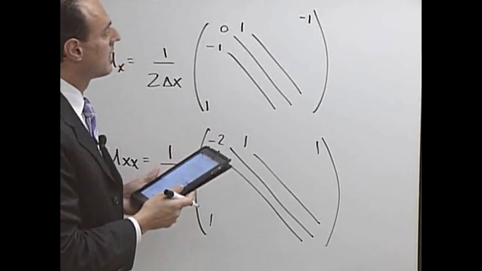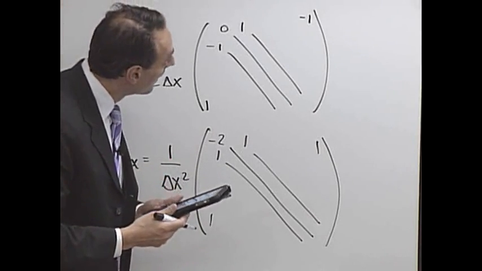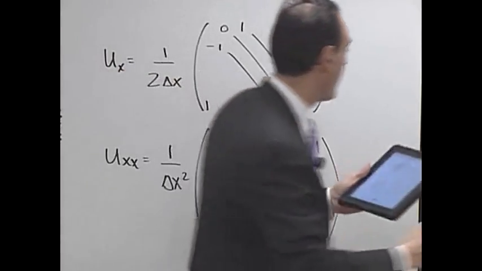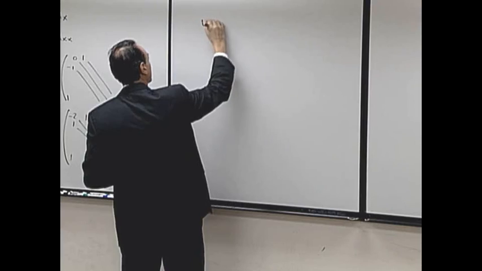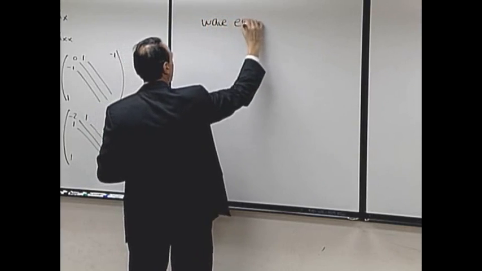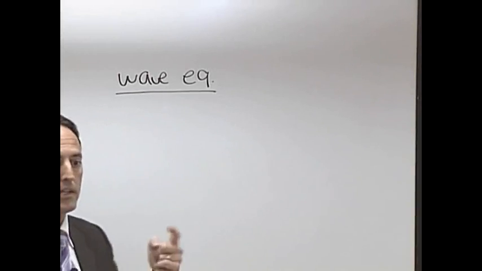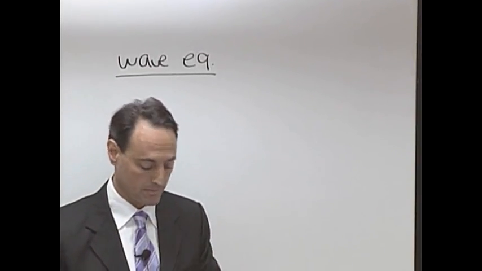Finally, let me write down some schemes that we're going to implement, so that we have these in our head. For the wave equation, we're looking at leapfrog and Euler. Those are the two.